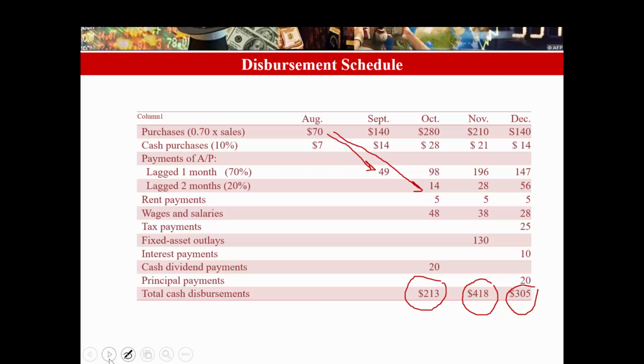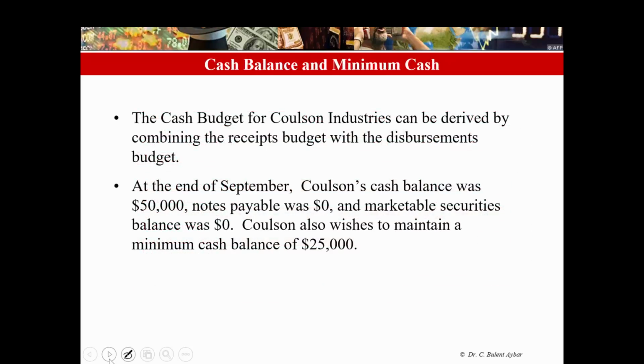So now we will put this together in our cash budget, structured cash budget table. But we have also an additional information here. We have to start with $50,000 in cash, and no money in notes payables.